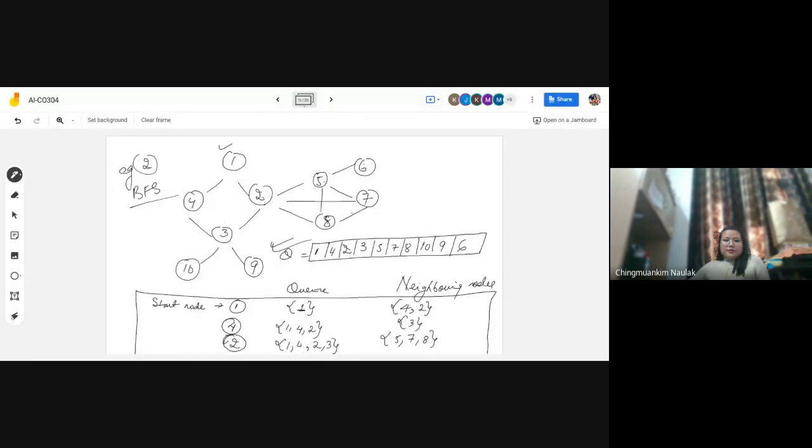So you have these nodes: 1, 4, 2, 3, 10, 9, 5, 6, 7, 8. Okay, so these are the nodes that you have.